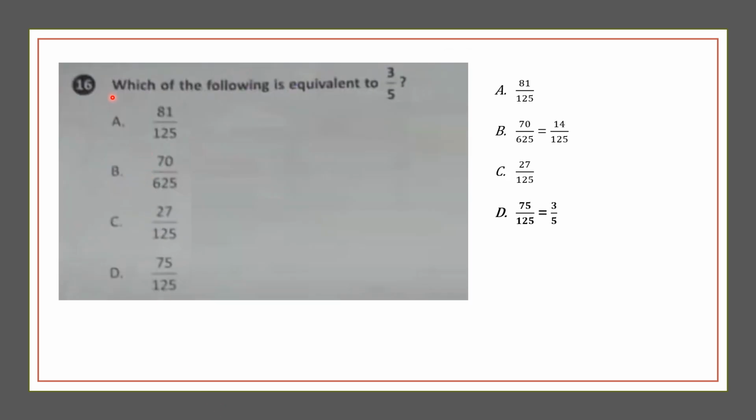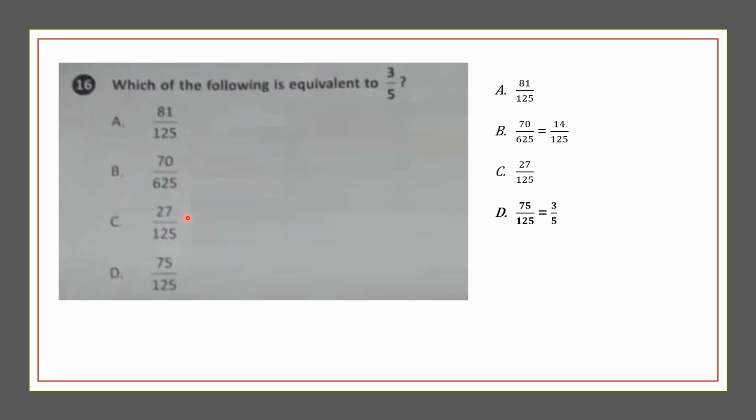Question number 16. Which of the following is equivalent to 3 by 5? So in option A we have 81 divided by 125. 81 is divisible by 3 or 9 and 125 is divisible by 5, so we cannot cut anything. It will remain the same. Now let's see 70 and 625. Both are divisible by 5, so we can cut and get 14 by 125.